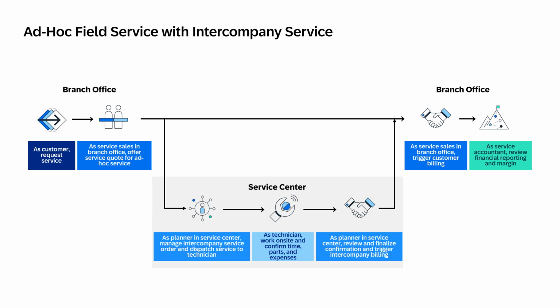We support it end-to-end, including everything that the branch offices need to interact with the end customer, as well as what the service centers need to plan and execute all the service activities. So this is one of our key innovations.